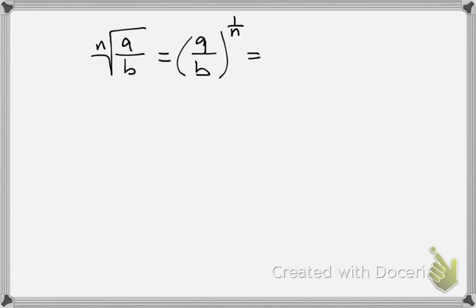Can't we break it up piece by piece? That's a to the 1 over n over b to the 1 over n. That's one of our exponential rules. But what is a to the 1 over n? Nth root of a. And what's b to the 1 over n? Nth root of b. We actually went through this exact process with multiplication. Now we're just doing it with division. And what did we get? A radical rule.